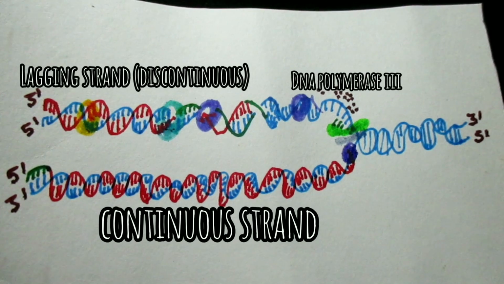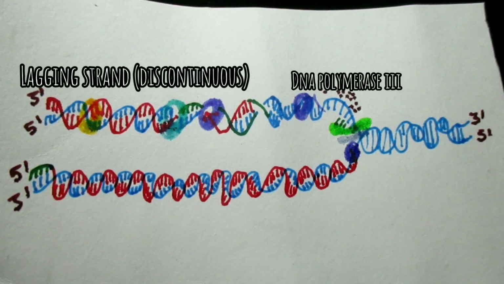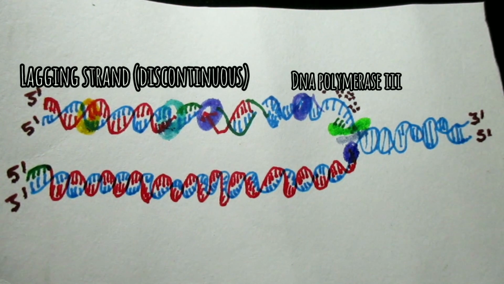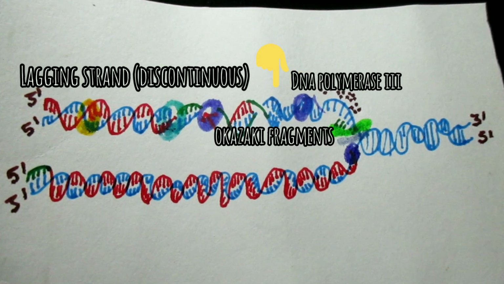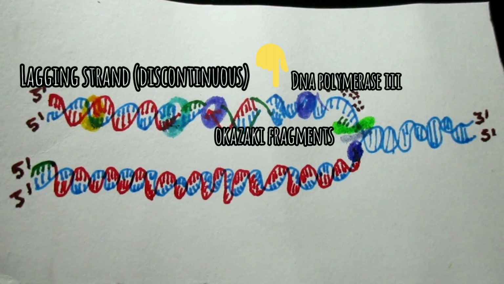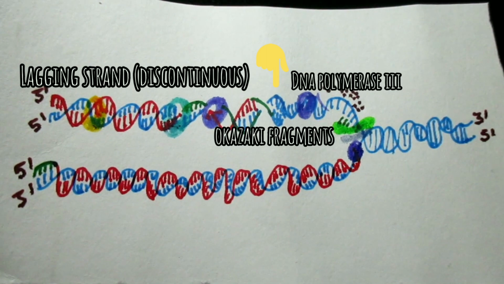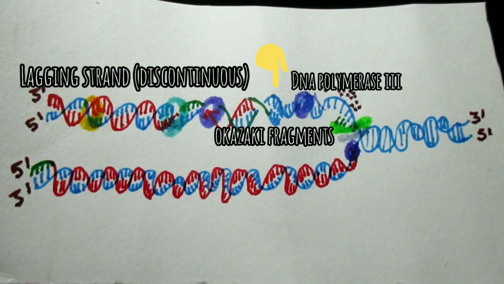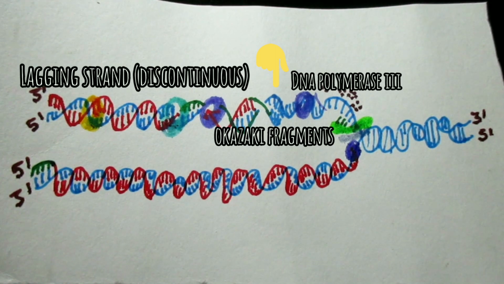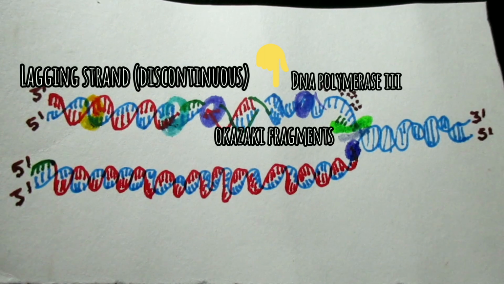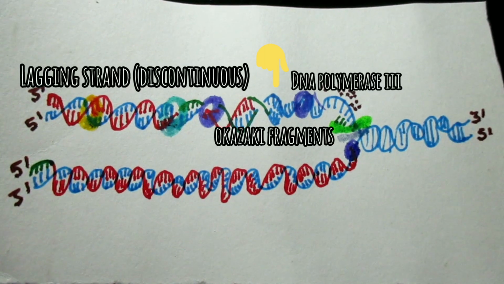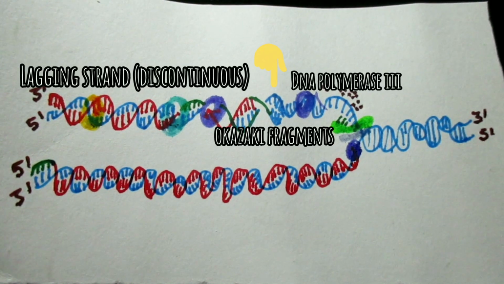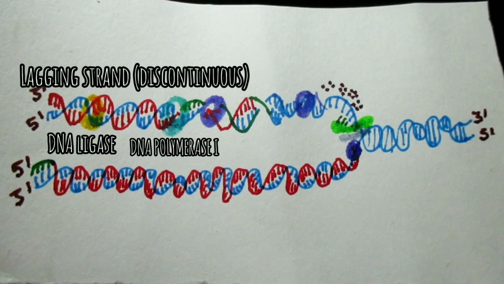Because the leading strand is synthesized continuously and the lagging strand is synthesized in pieces, which are called Okazaki fragments, from their discoverers Reiji and Tsuneko Okazaki, DNA replication as a whole occurs in a semi-discontinuous manner. Eventually, the Okazaki fragments are joined into a continuous DNA strand. DNA polymerase I and DNA ligase ensure this event.